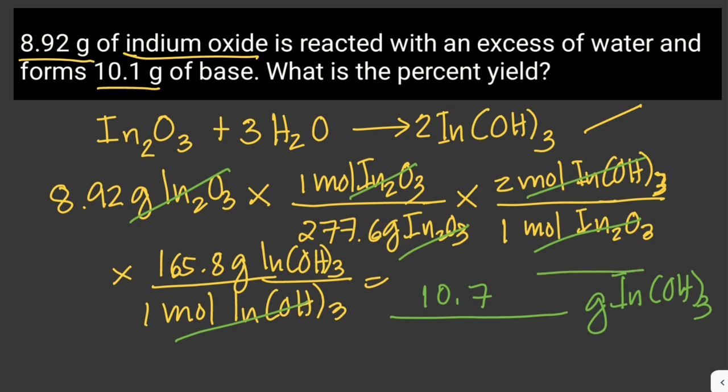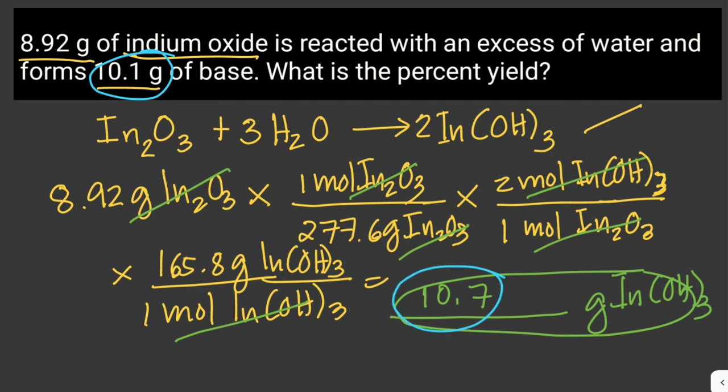So now this value is the expected value or the theoretical yield. Now we can solve for the percent yield. So we are given the actual yield here, which is equal to 10.1 grams. Then we got the theoretical yield, so we can solve for the percent yield.